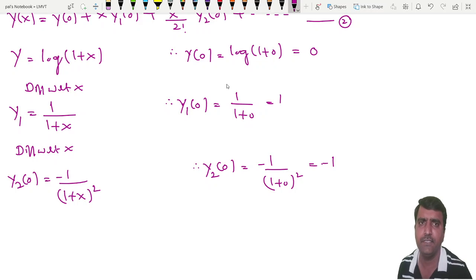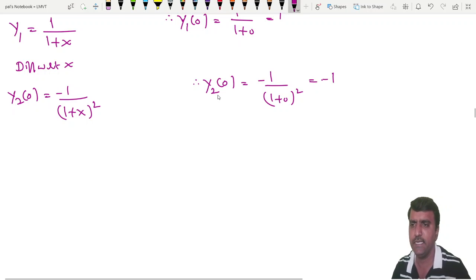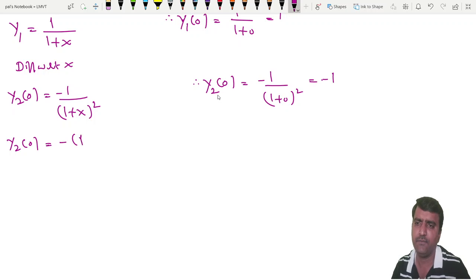So again we need to differentiate this. We can write it as y2 is equal to minus of 1 plus x to the power minus 2. So now differentiate with respect to x.